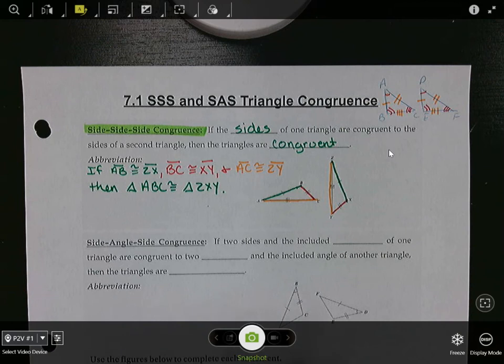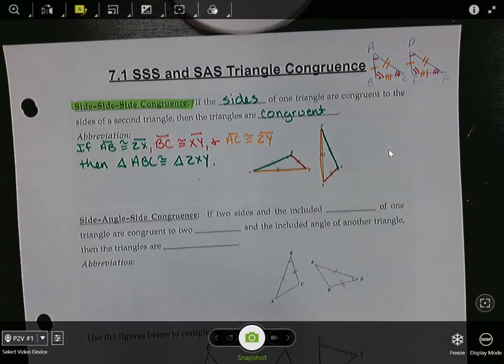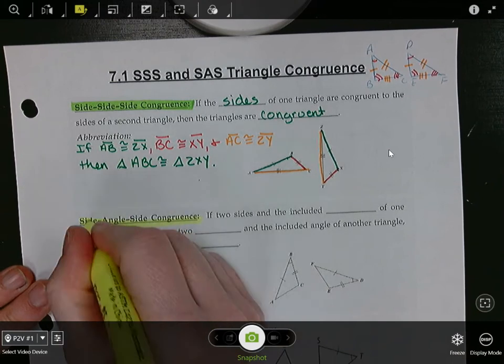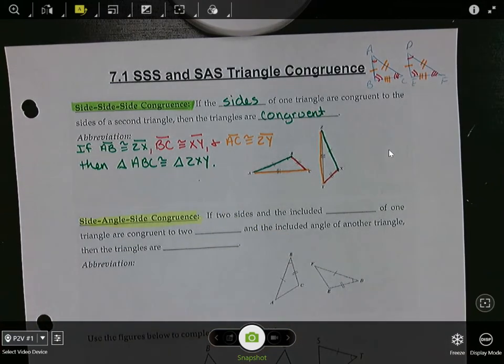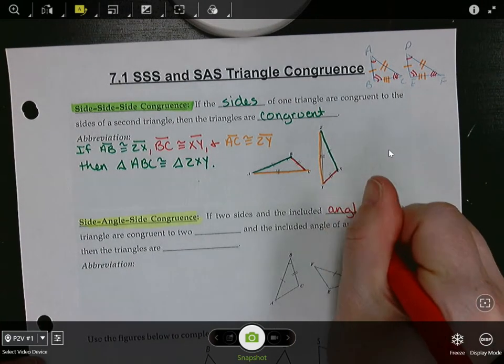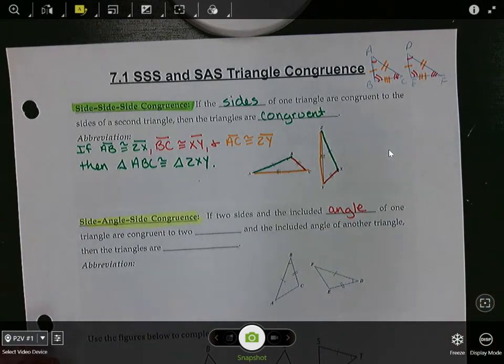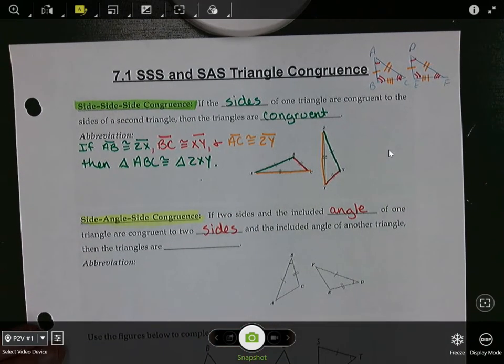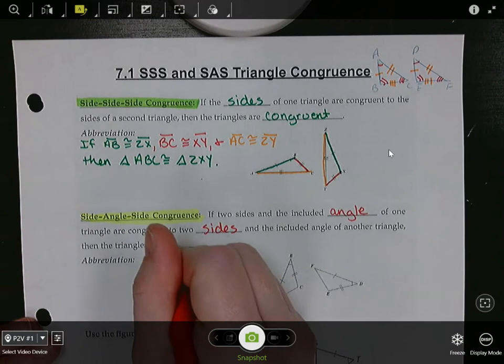Okay. Also, another one that we can use is side angle side, or SAS. And it says if two sides and the included angle of one triangle are congruent to two sides and the included angle of another triangle, then the triangles are congruent.